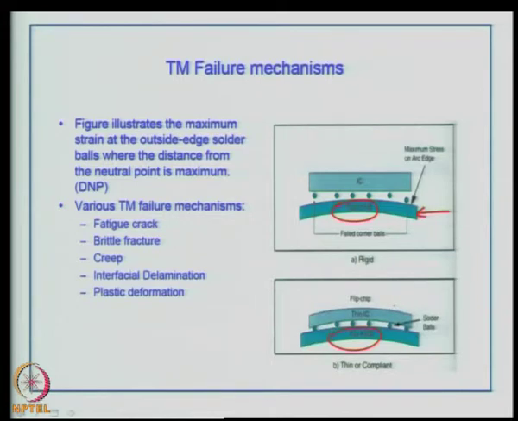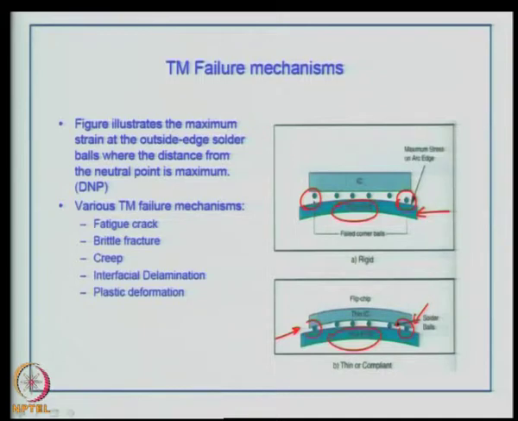Now, you are using a flip chip with a solder bump, and if you look at the temperature cycling for this system, you will see upon continuous thermal cycling or thermal load, stresses build up on the corner solder balls, and usually they can detach away. But in a flex PCB, because it is compliant with the thermal load, because the material is thin and flexible, the connections are not lost.